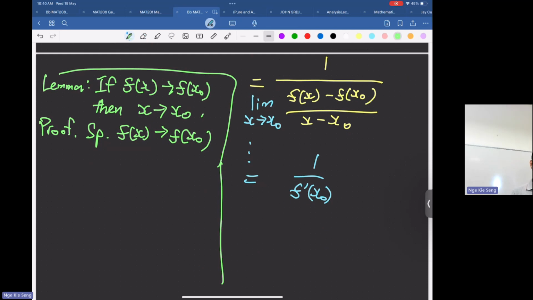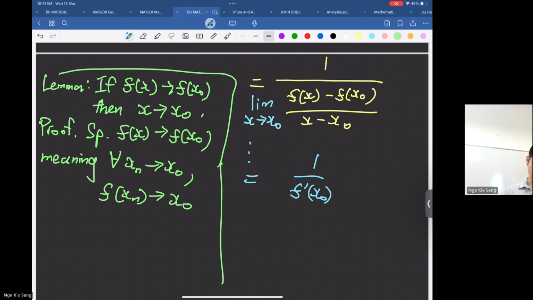Suppose this converges, this means what? I think we don't need to go into epsilon-delta. Let's stay away from it a bit first. So meaning for every x_n converging to x naught, we have f(x_n) converging to f(x naught).